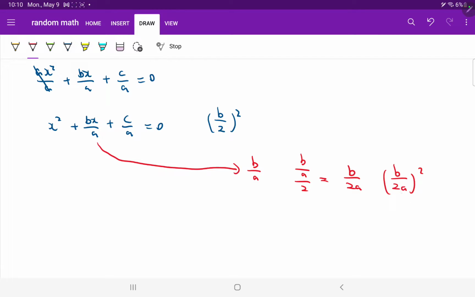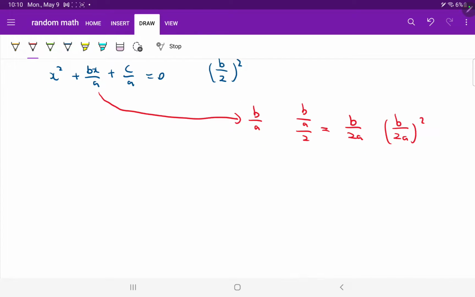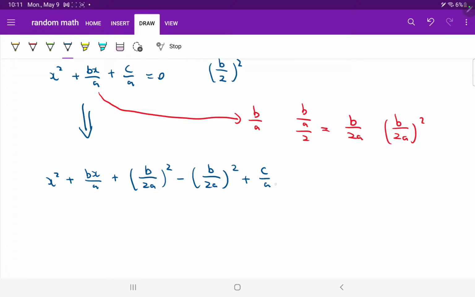Then we want to add this to our original equation, add and subtract it at the same time, of course, to make things balanced. So that will make this become x squared plus bx over a plus b over 2a squared minus b over 2a squared plus c over a equal to 0, right?